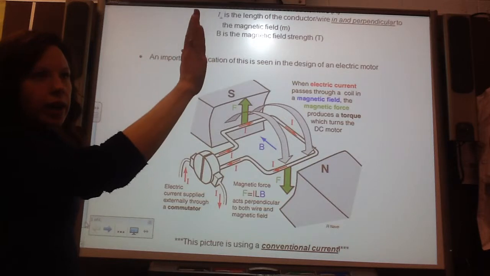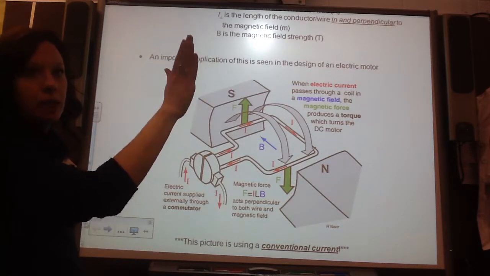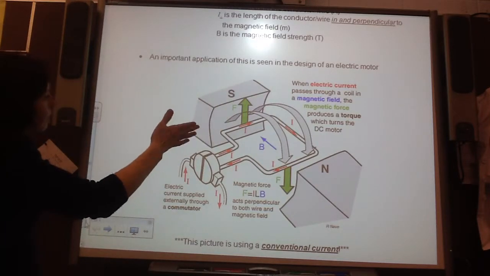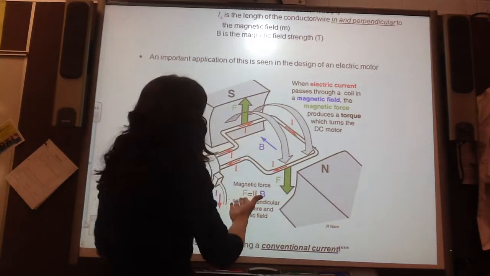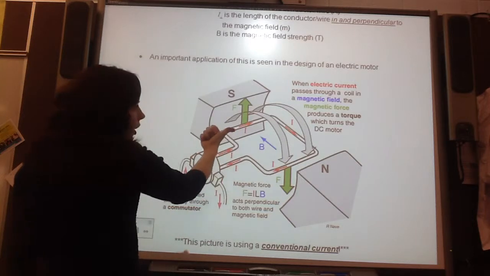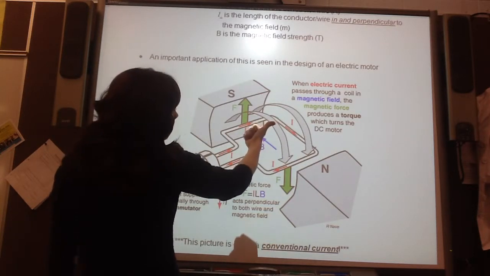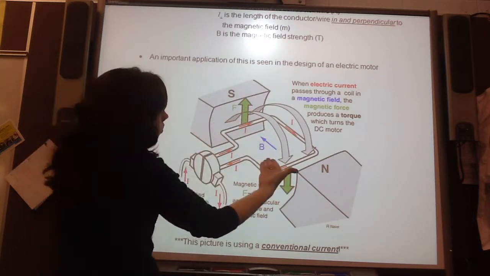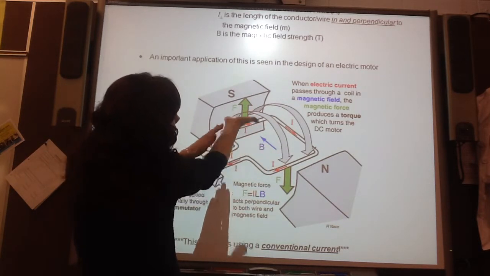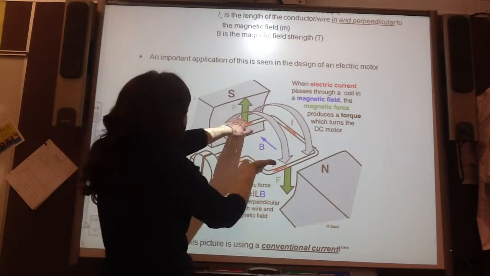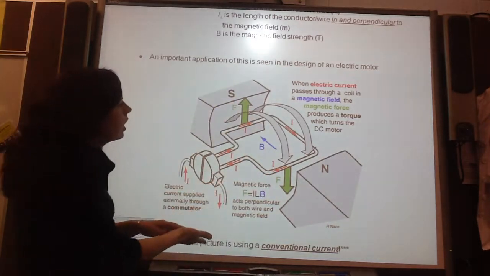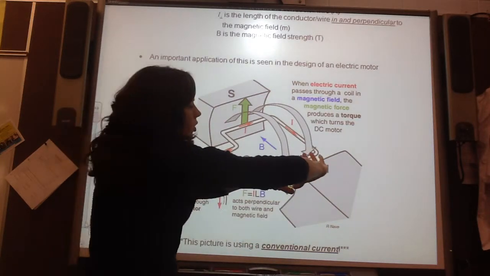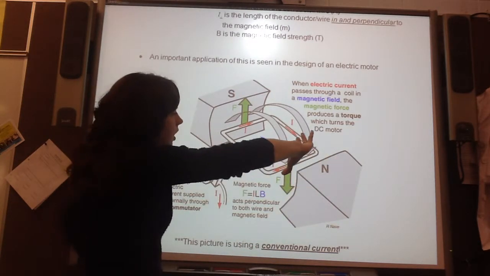So this is actually running with a conventional current. So use your right hand. Okay, conventional means right hand. So every time you see a question that says conventional, use our right hand. So let's say at this point, our current is going this way. Okay, and our north to south, so our fingers go north to south, and so then our force is up. Okay, so that's why F is up, going that way. And let's try it here now too. So right at this point, our current is going down this way.